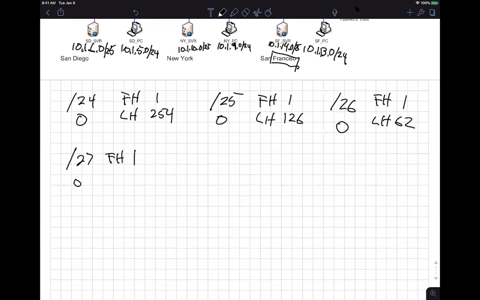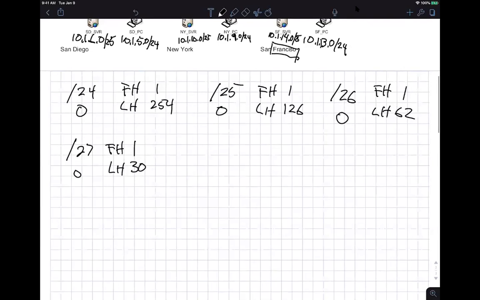First host 1, last host 30. Because you're going up in increments of 32 by that time. /26s, the networks go in increments of 64. /25s, the increments go in 128. Well, you're only going to get 2. /24, you only have 1 network.